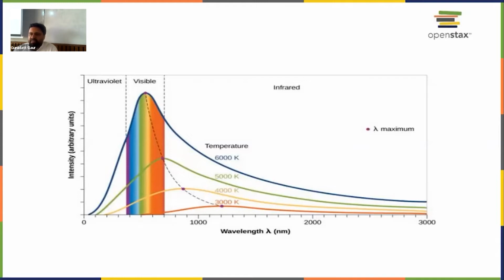For example, I'm also a particle as well as a wave. But my wave nature, which comes from the de Broglie wavelength, how much will it come out to be? It will be 10 power minus 39 meter.